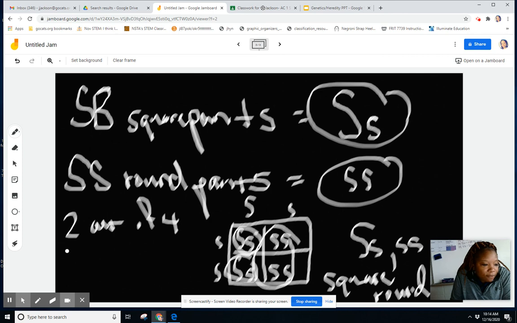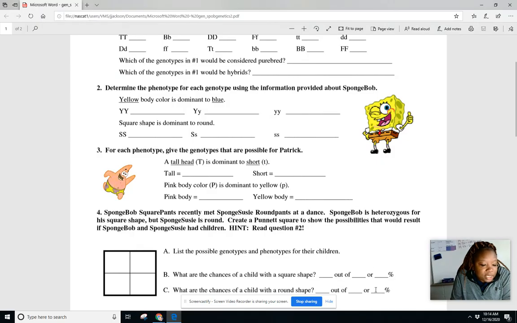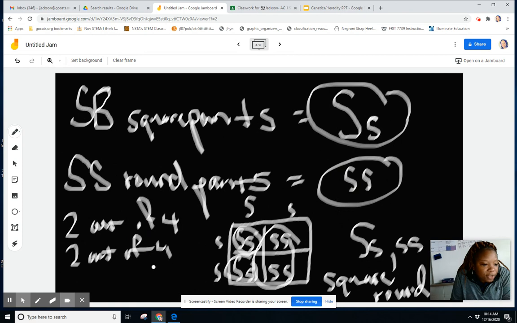That's going to be 2 out of 4. Okay. And then it says a percentage. So both of them are going to be 50%.